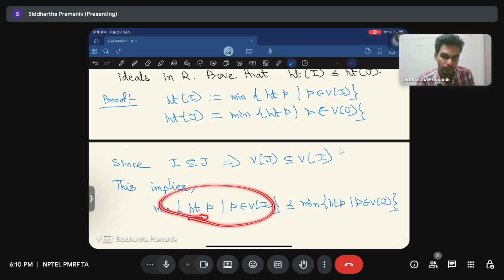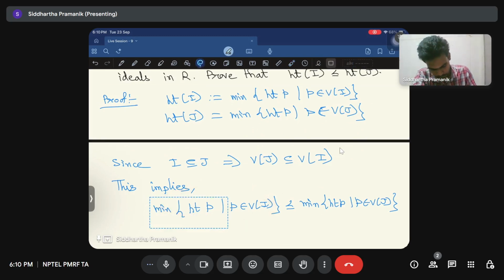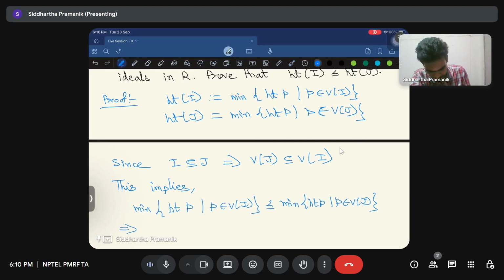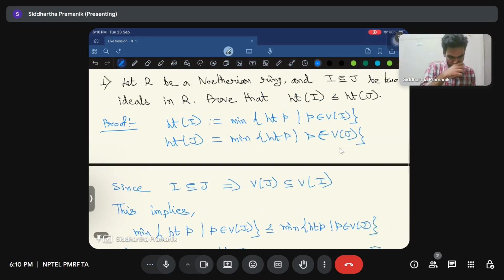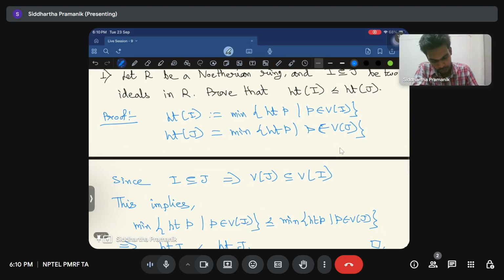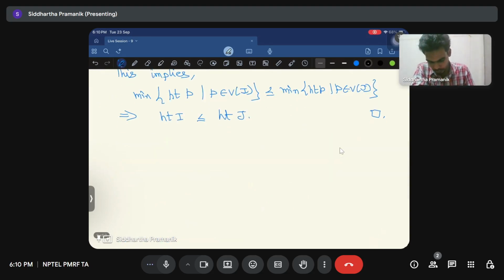So we may have more elements which may be smaller. And this implies height of I is less than or equal to height of J. So here the logic is very simple. One thing I want to put as a remark.